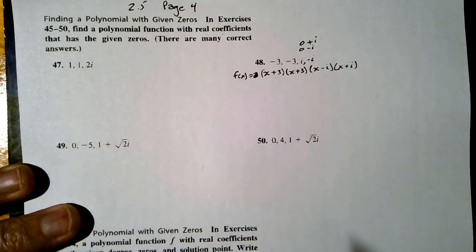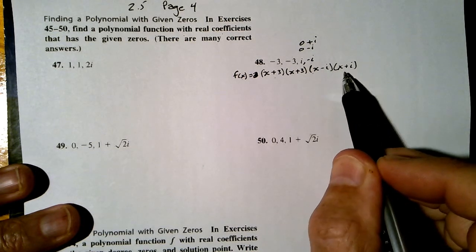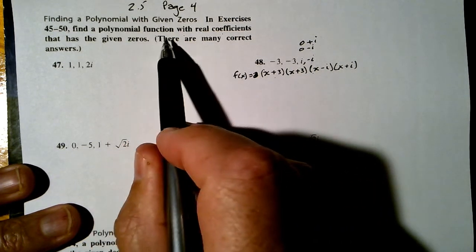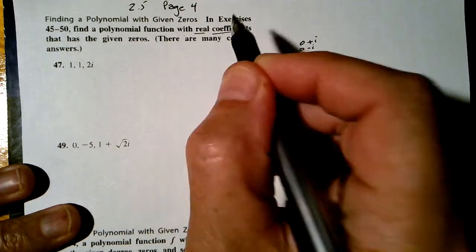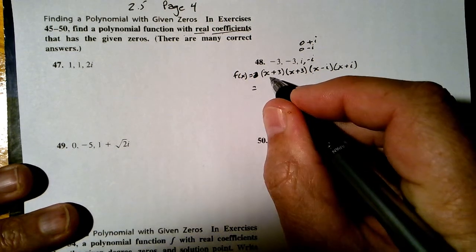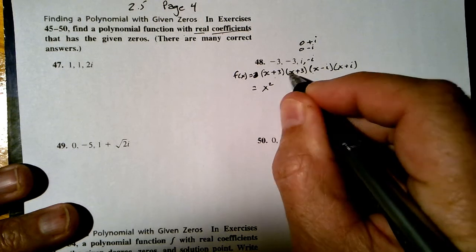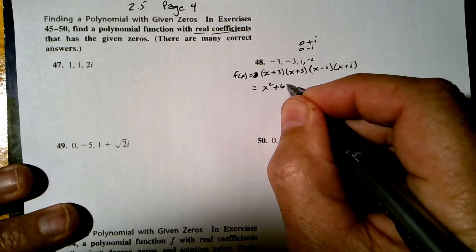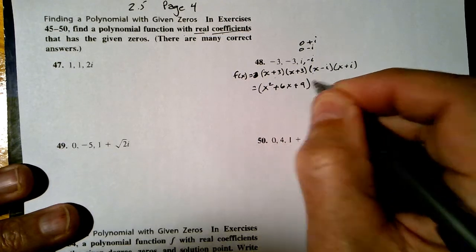But now we need to FOIL this out, because good things are going to happen with this imaginary. We're not allowed to find a polynomial function with real coefficients and have imaginary parts to it. So let's go ahead and FOIL this. X plus 3 times x plus 3, we get x squared plus 3x plus 3x, and 3 times 3, 9.